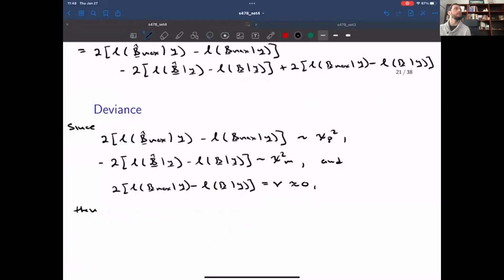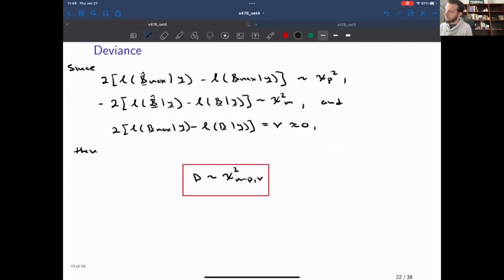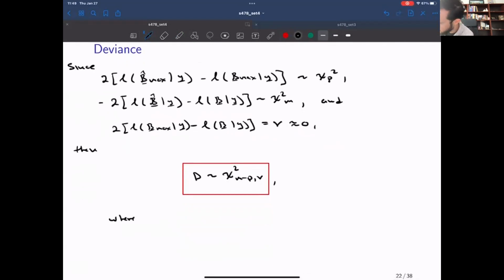Then the deviance is going to be distributed chi-square on m minus p and nu. Nu is a non-centrality parameter.